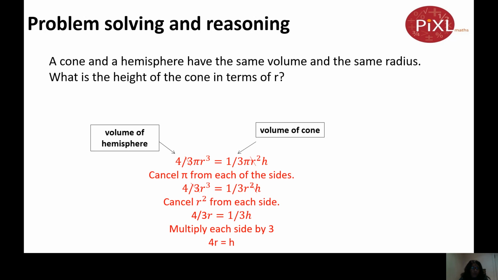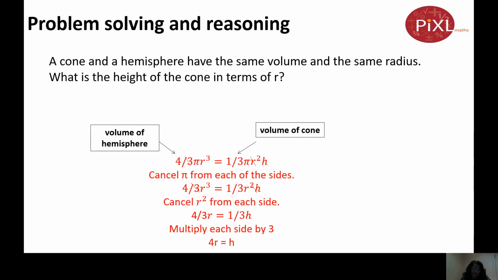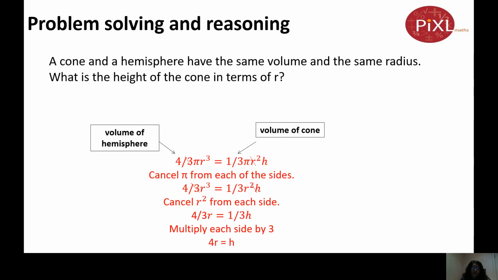Actually, for this question, I wanted to say that it is between the cone and the sphere, not hemisphere. So then we divide, and we get 4r equals h. So h equals 4r. Please note that for that question, it's supposed to be a cone and a sphere, not a hemisphere.